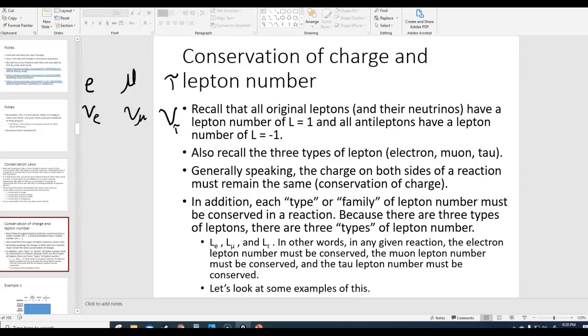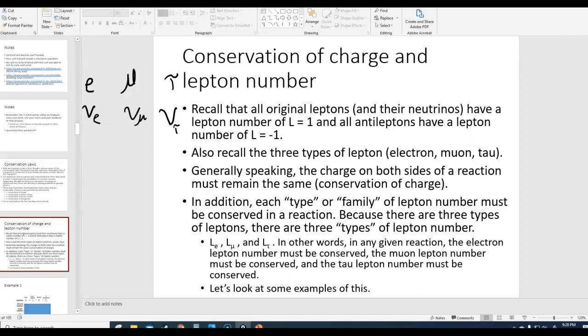Lepton number has to be conserved on both sides of a reaction in order for that reaction to be possible. The total charge also has to be the same on both sides of a reaction. But not only does lepton number have to be conserved overall, it also has to be conserved by type, or by family. In other words, the electron lepton number has to be the same on both sides of the equation, and the muon lepton number has to be the same on both sides of the equation.